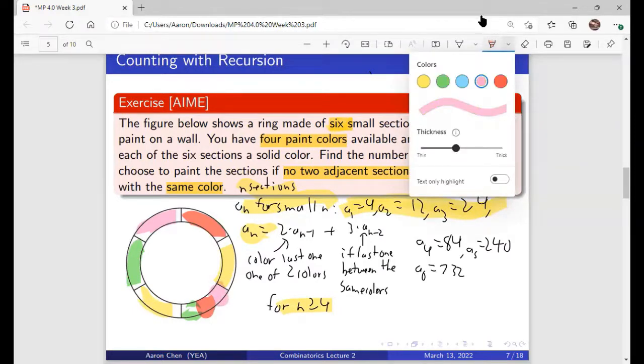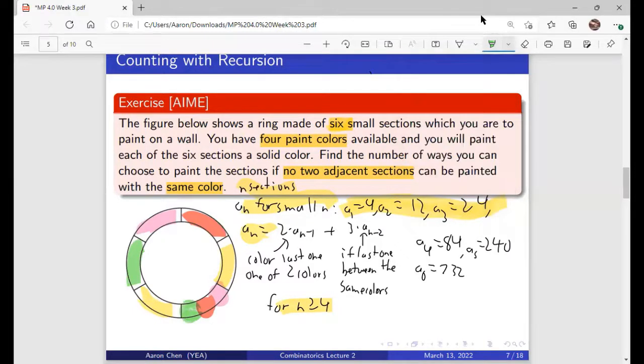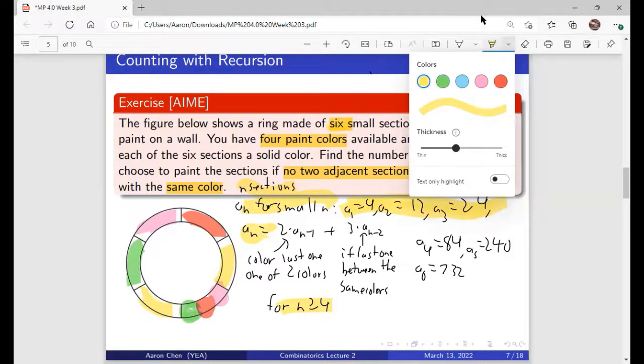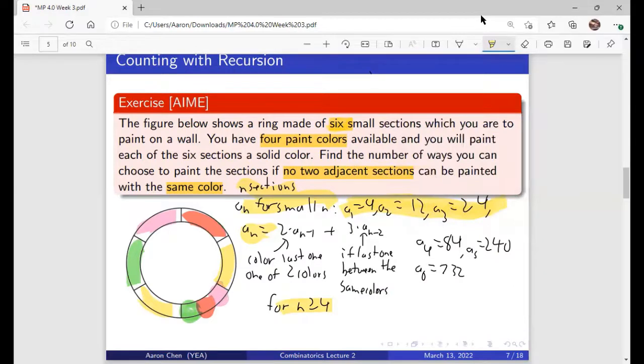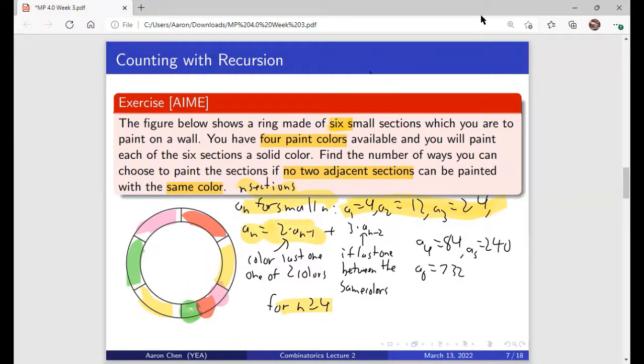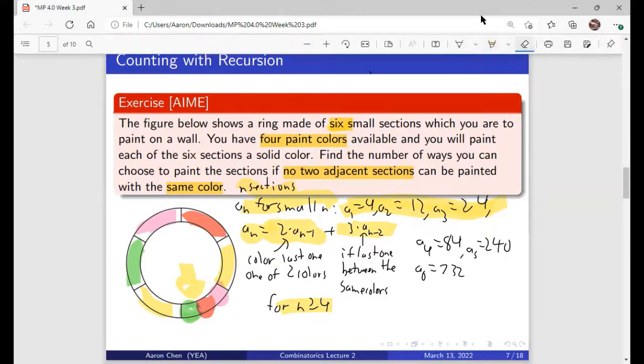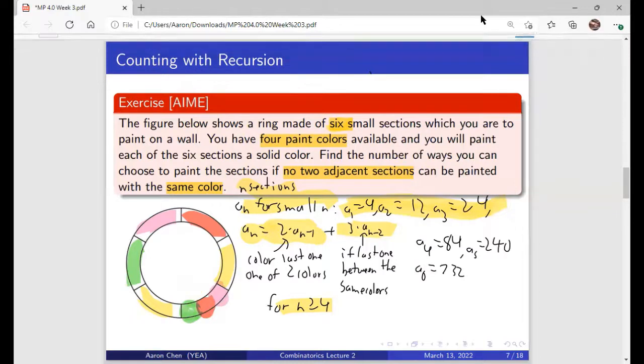And you don't know for sure. You only know these 2. Sorry, these 3. So that's why the sum is 2 times a_{n-1} and 3 times a_{n-2}, because there are 3 ways here where that rather wide arrow is pointing.